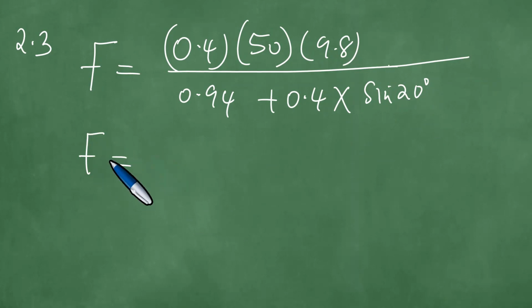So now we have this: 0.4 times 50 times 9.8 divided by 0.94 plus 0.4 times the sine of 20.